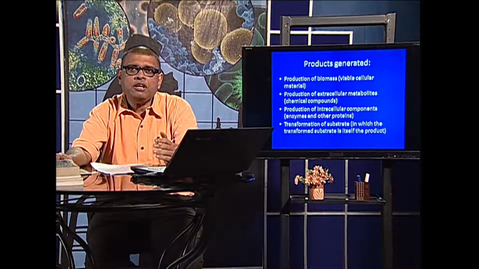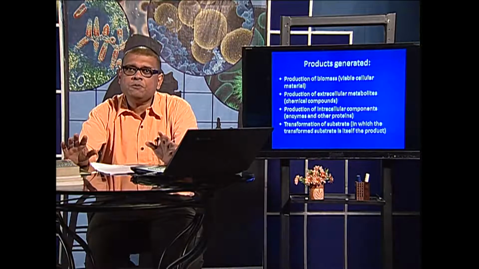Now, fermentation actually is anaerobic respiration in which sugar is converted to alcohol or ethyl alcohol or organic acid in the absence of oxygen under the action of microbial enzymes. And the process usually generates alcohol or organic acid, but at the same time, fermentation may produce different other products.